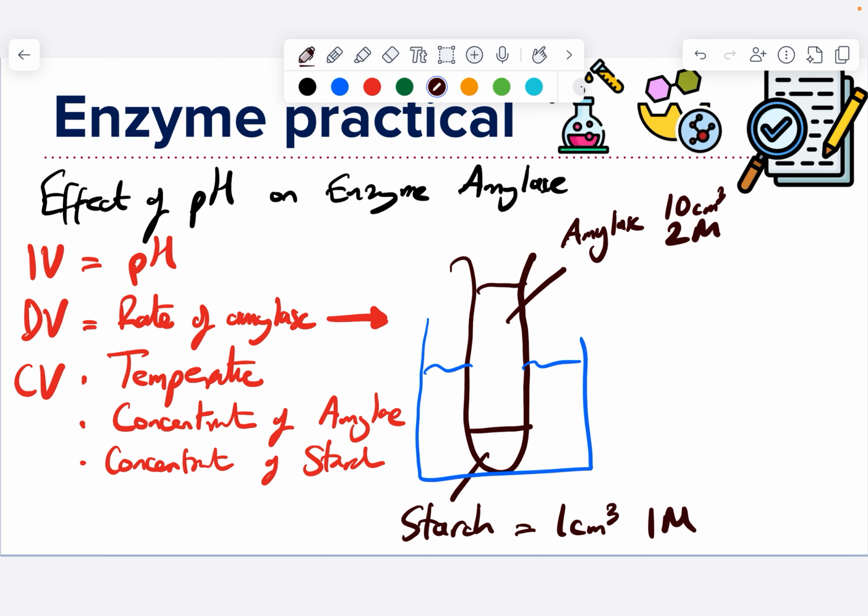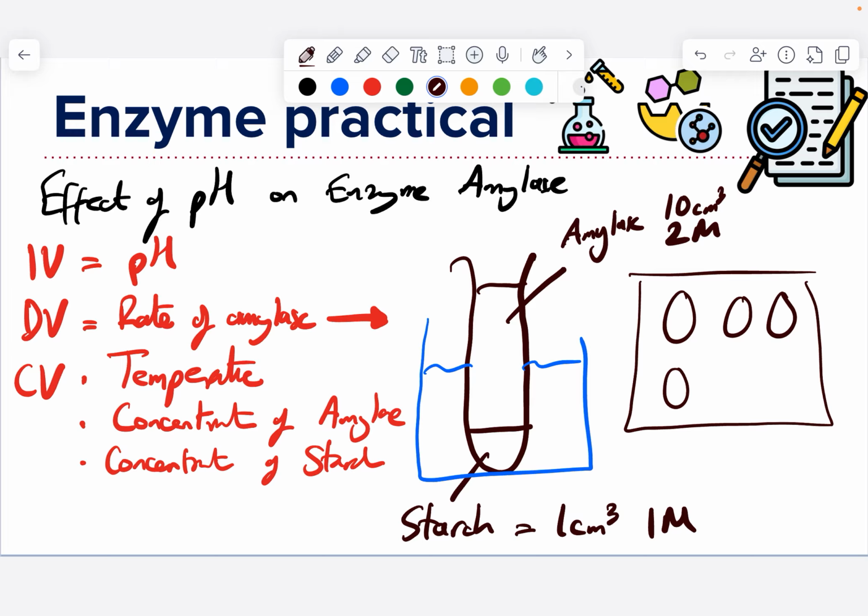And then what you would do for this practical is you would set up a white tile, and in that white tile you would have a couple of drops, again 2 to 3 drops to keep it valid, of iodine. And every 30 seconds you would take a drop out, so this would be 30 seconds, this would be 60, 90, 120, 150, 180.